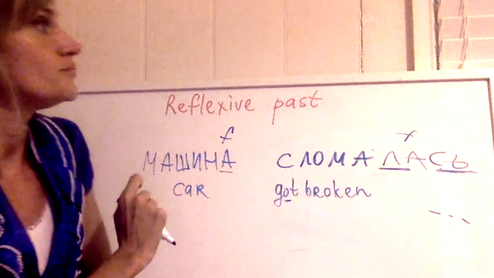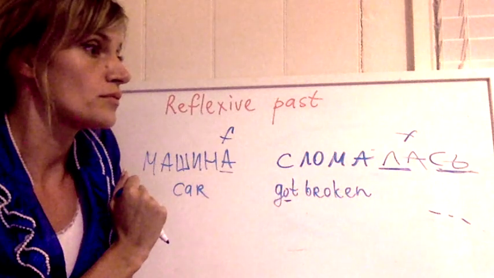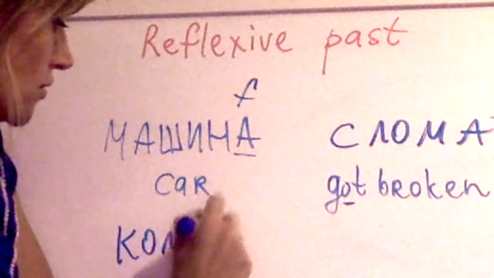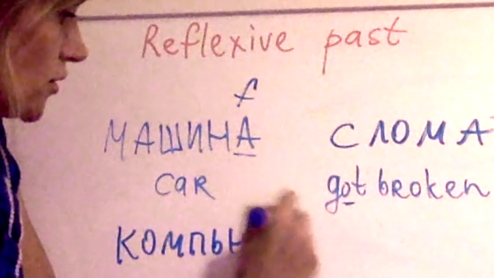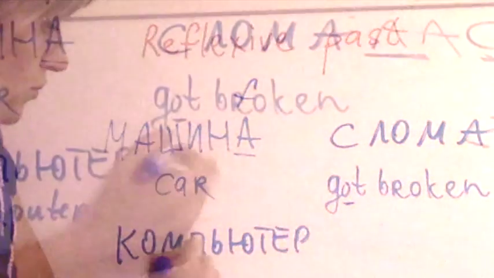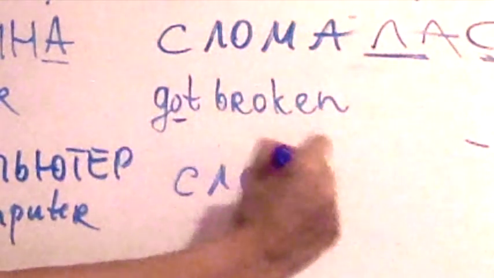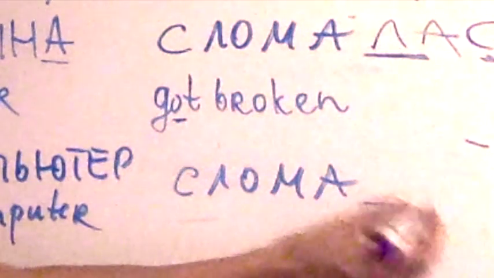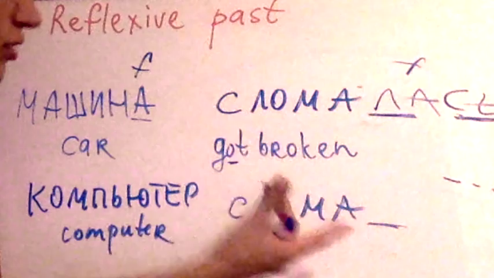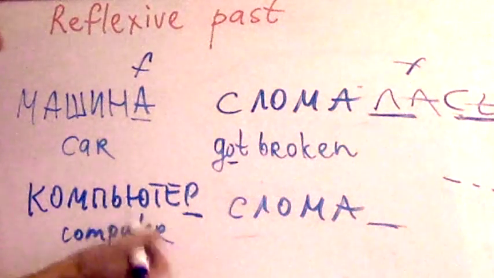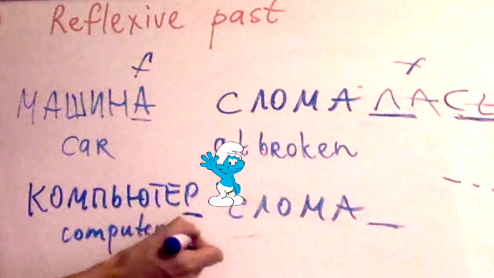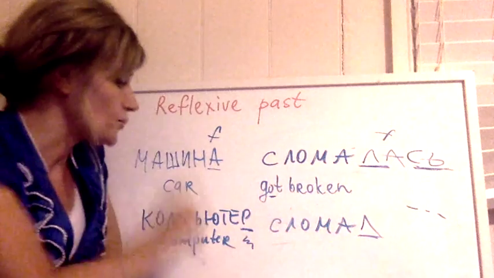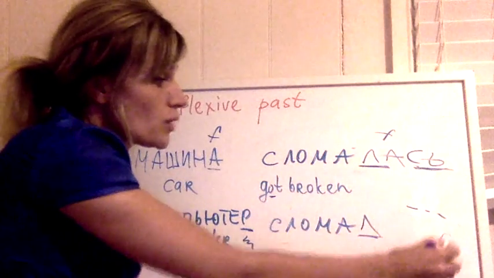Let's take something of a masculine gender. Computer. Okay, again. Слома. And then we need to put the past tense for masculine gender, because computer is a masculine word. Сломал. Alright. Computer сломал. Сломал what?